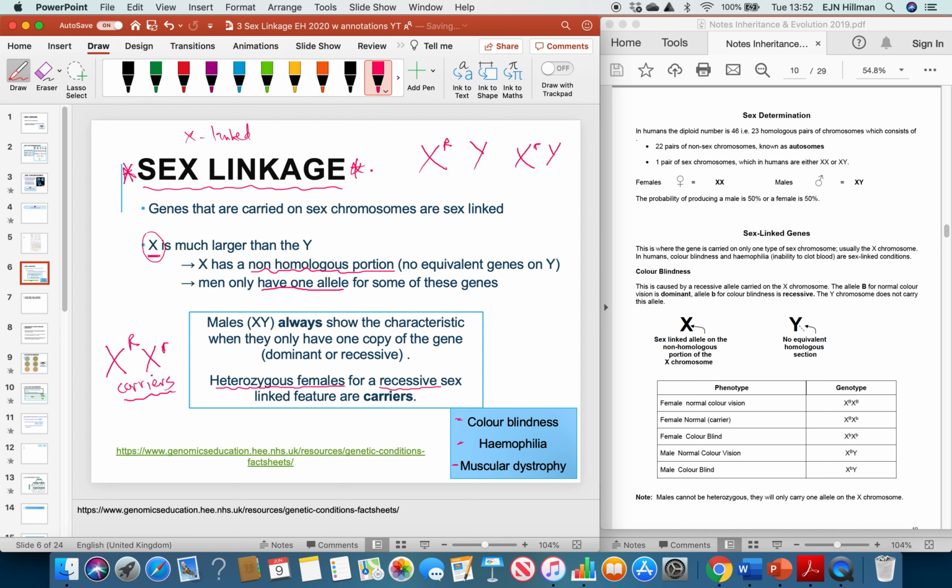Nearly all of the genetic cross diagrams on the most recent paper 2 exams have involved some form of sex linkage. What they really love, the gold standard, is what we refer to as sex-linked dihybrid crosses. Like I say, this is a warning. The examiners absolutely love these, and we'll do some examples of that later, not on this video, but on a different video.